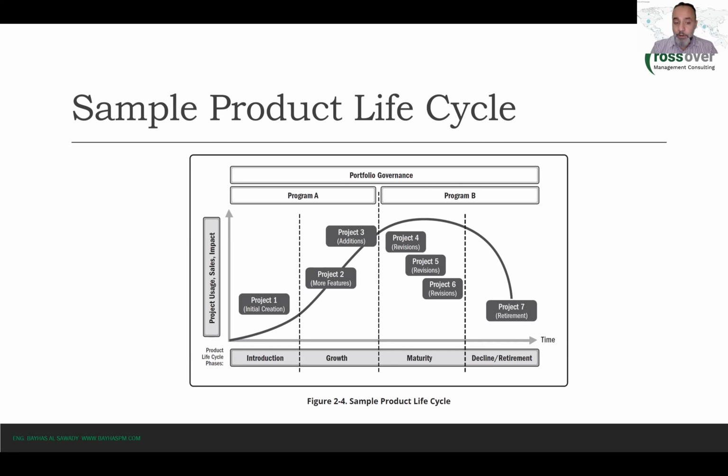Every new version of the iPhone, for instance, or of the Samsung Galaxy has new features or new functions. So this is what we call the growth phase, because the product now is evolving, and the usage is evolving, the sales are evolving, the impact is evolving, and so on. This is the growth. Now we are living the growth phase, for instance, of the mobile phones, although it's actually not the growth.